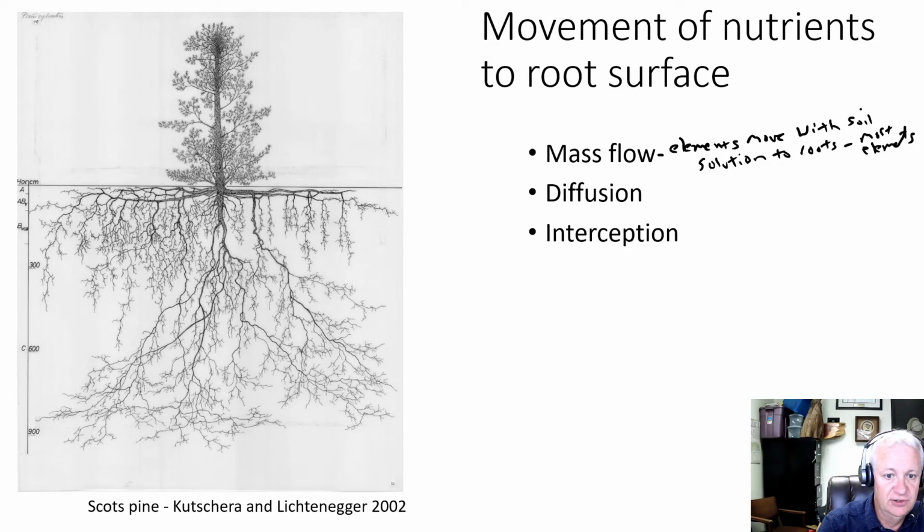Now, with diffusion, this is basically diffusion plus mass flow. So some elements, in addition to mass flow, also must diffuse through the soil solution to the roots.